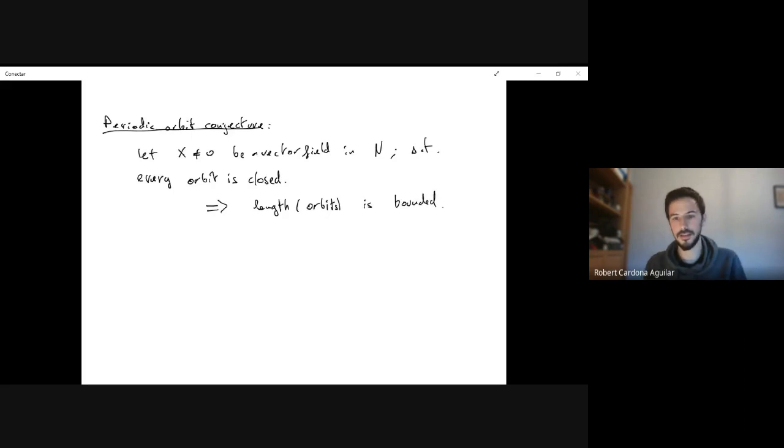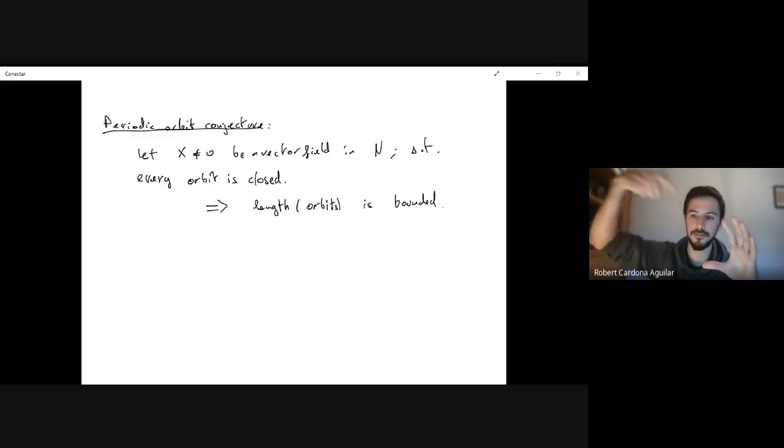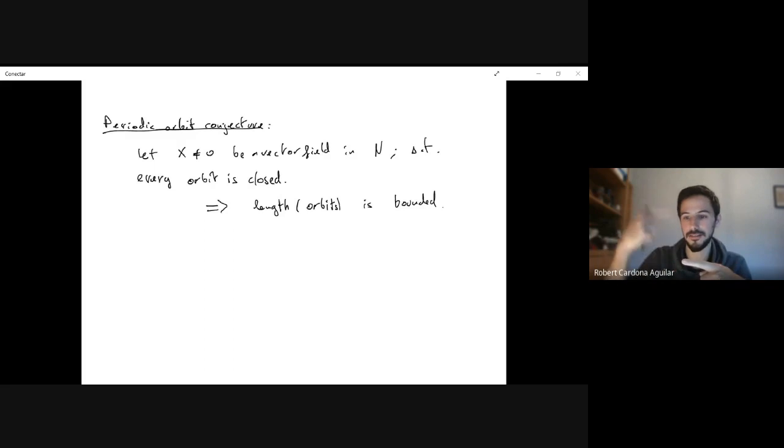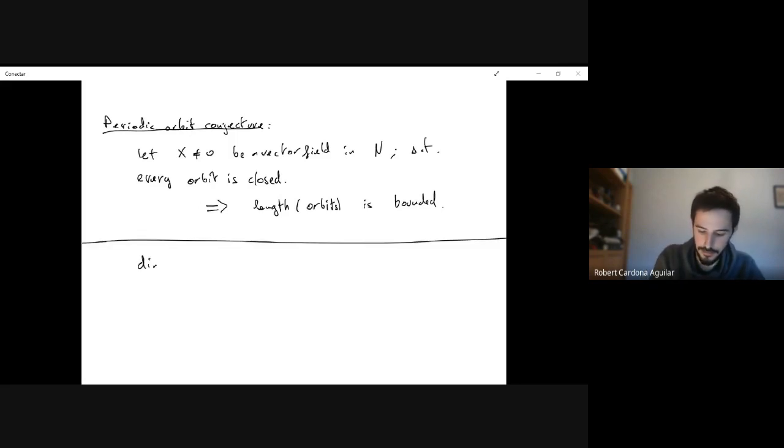Okay, do you understand the statement? You have a manifold filled with circles, which are orbits of a vector field. So you may ask whether the length of the orbit, or the period of the vector field, is bounded or not. Surprisingly, the answer is no. It depends on the dimension, but in dimension 3 we are safe.